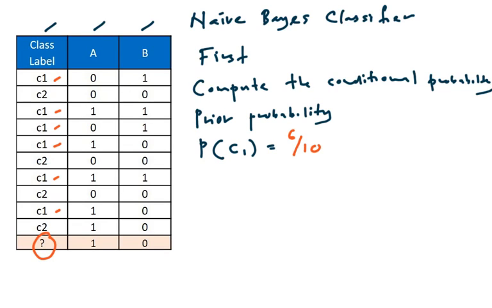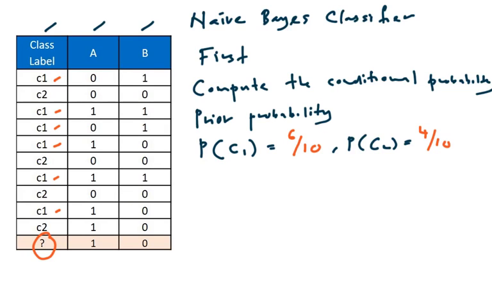Now we need to find the probability of class C2. It's going to be the remainder, that is 4 over 10. So this is the first thing you will do. Now, using this prior probability, let's try to find the conditional probability.